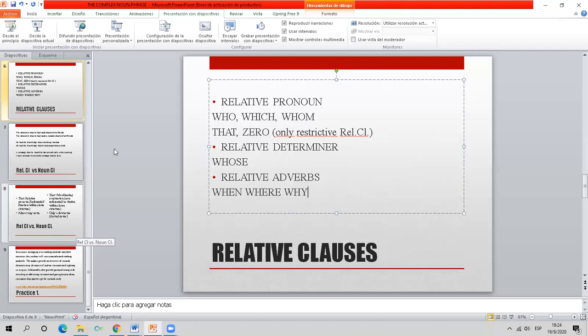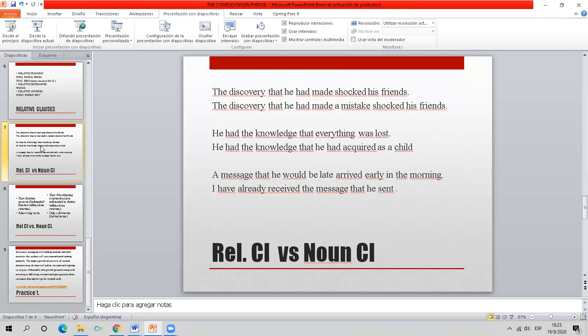Okay, let's move on now to, remember I said there is the possibility of finding a noun clause as a noun complement. And sometimes you may have problems identifying which is which.